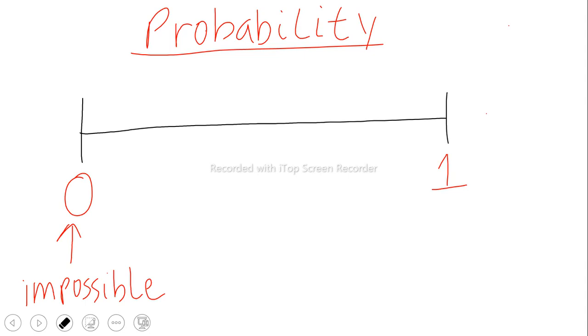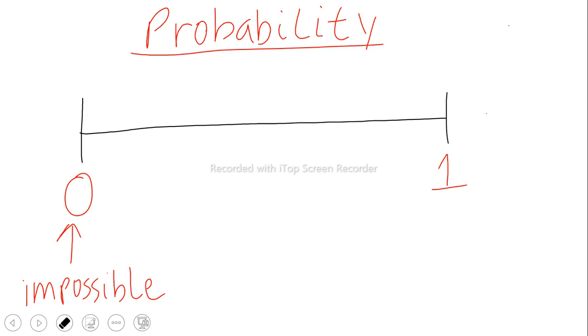Unless you flip it such that it lands on its edge. To be technical, it's kind of possible, but let's assume that's not possible. It's going to be 0. We're just trying to be simple here, we're not trying to be deep.